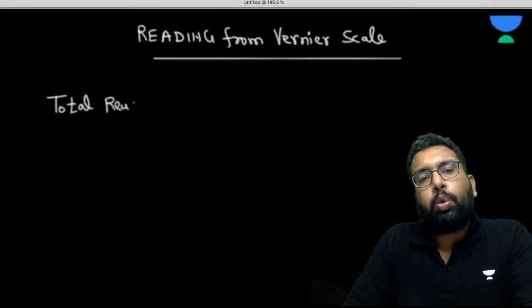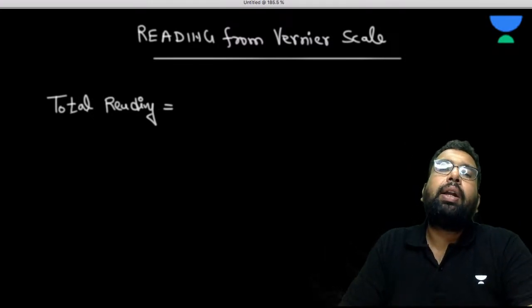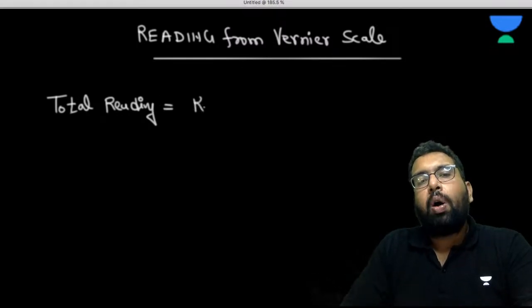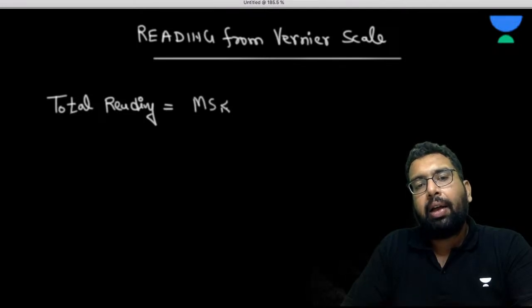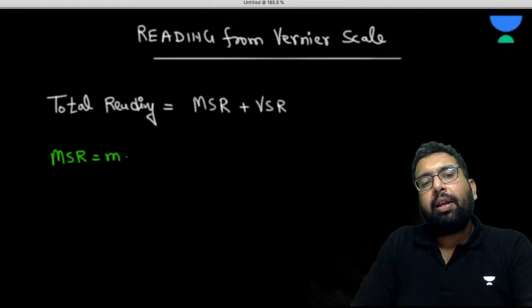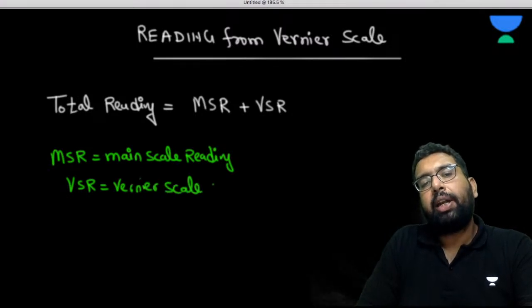The total reading, that means the final reading of the Vernier scale, is equal to the reading on the main scale, MSR, plus the reading on the Vernier scale, VSR. MSR is the main scale reading and VSR is the Vernier scale reading.